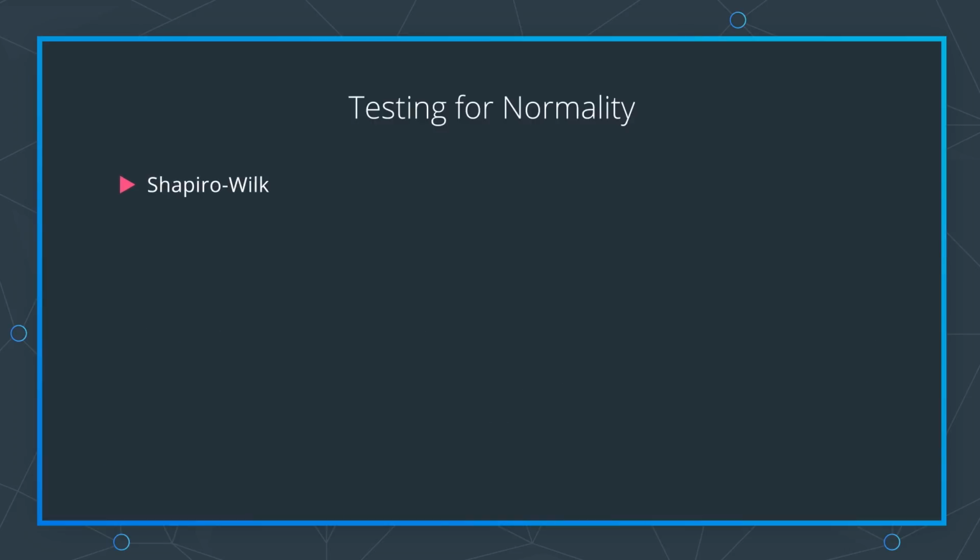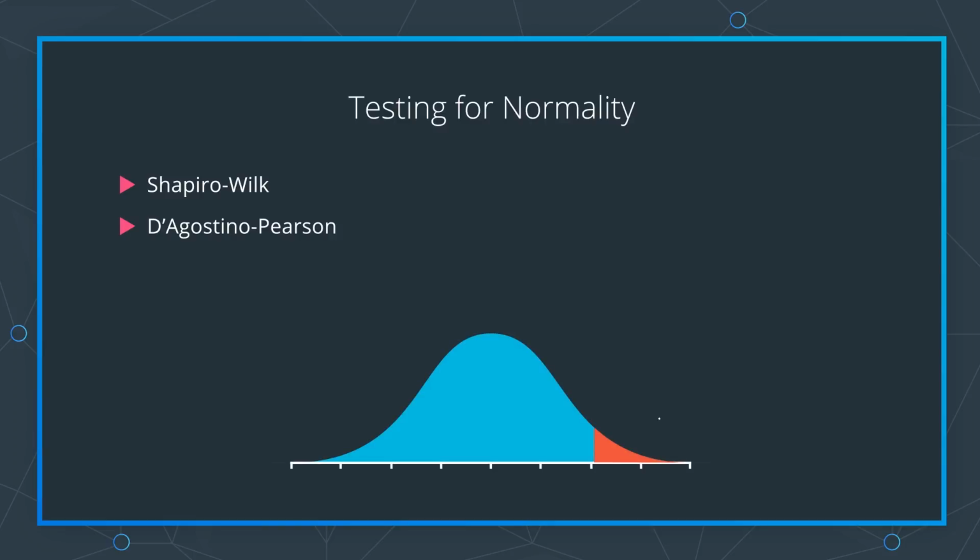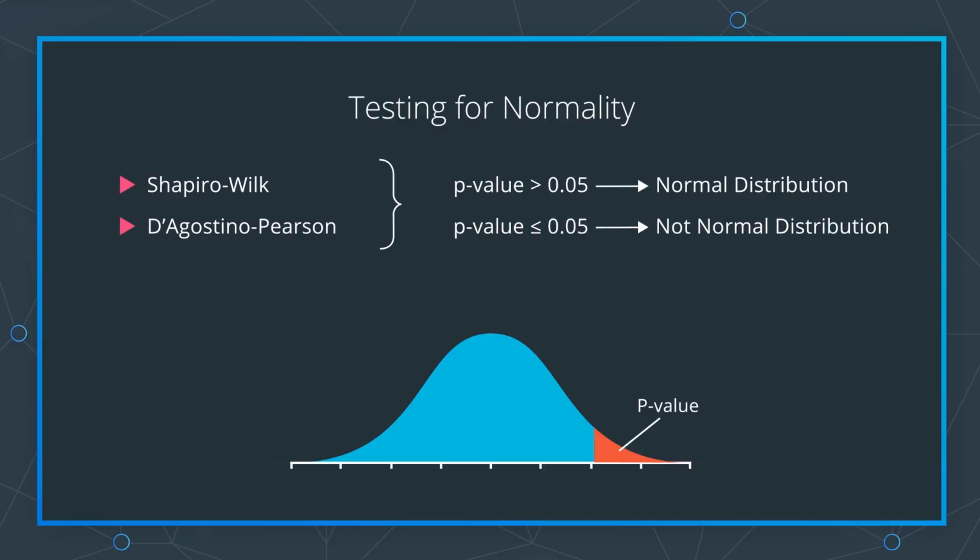The Shapiro-Wilk test and the D'Agostino-Pearson tests are hypothesis tests that give a p-value. The p-value ranges from 0 to 1. These are hypothesis tests in which the null hypothesis assumes that the data is normally distributed. If the p-value is larger than 0.05, then we will assume that it follows a normal distribution. If the p-value is less than 0.05, then it likely does not follow a normal distribution.